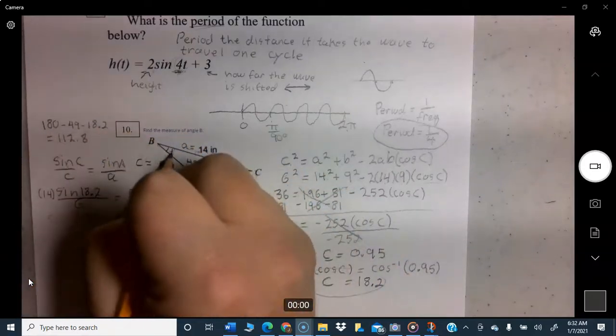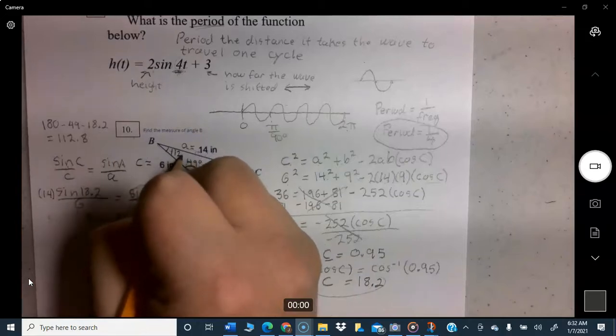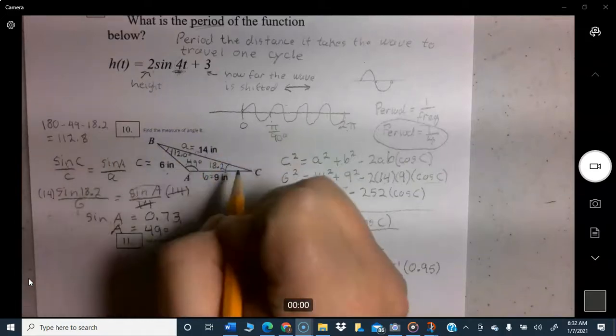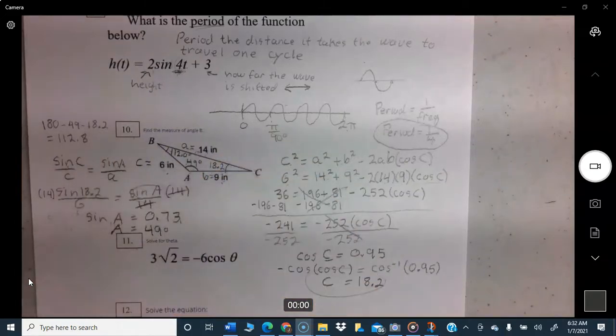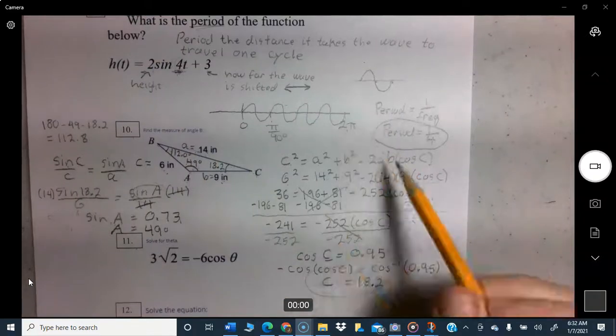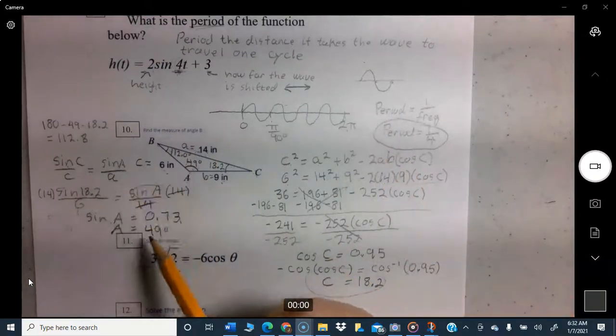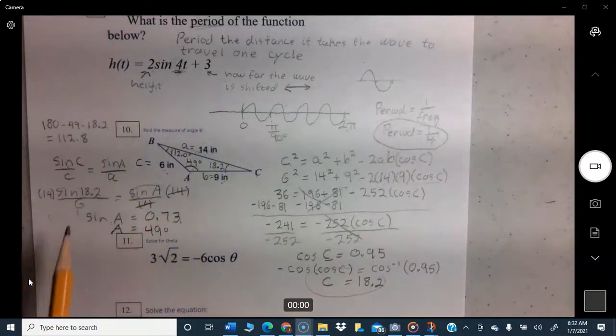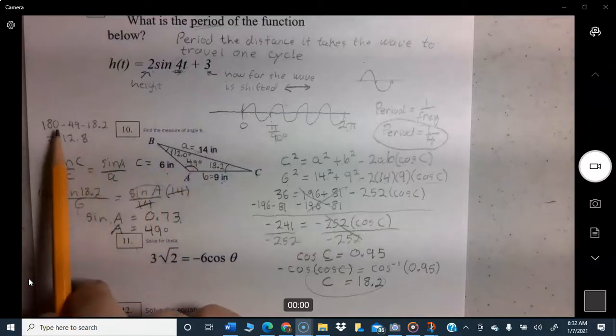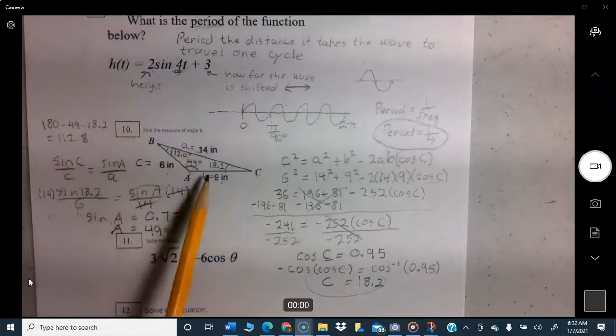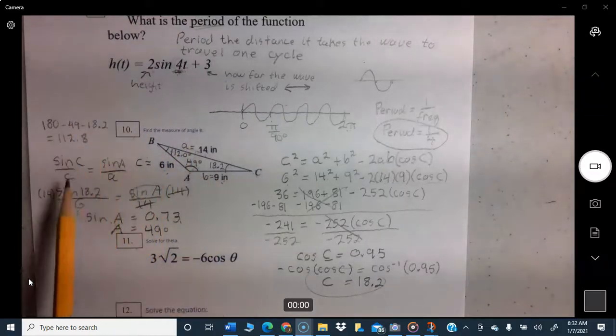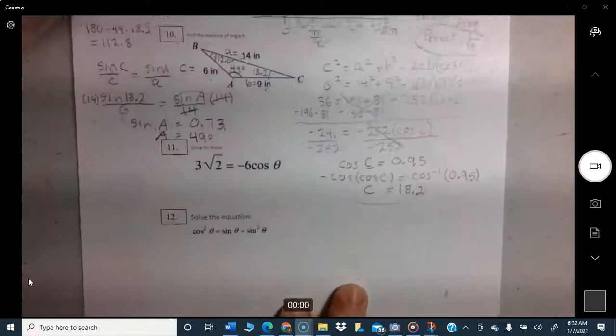And that's this angle right here, 112.8. So you have all three sides and you have all three angles, okay? So the first one, you have to use law of cosines. After that, you can use law of sines. And then for the final angle, you just use the relationship that all three angles have to add up to 180. So you can just simply do that, okay? All right, let's keep going.